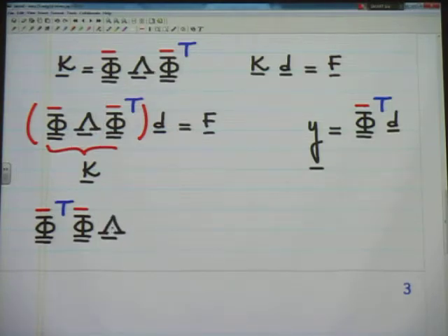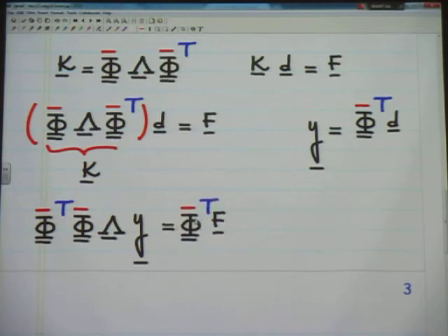We have already defined phi bar transpose D as a new variable y, so this is multiplied by y. And then on the other side, you would have phi bar transpose times F. Multiply both sides by phi bar transpose.